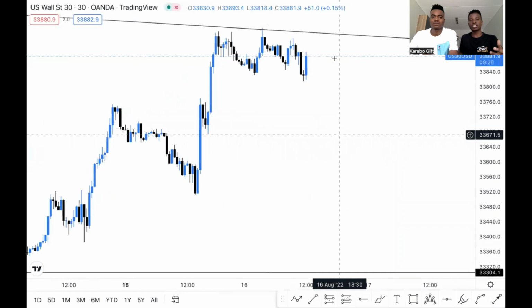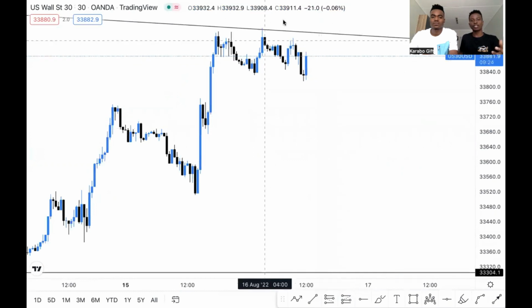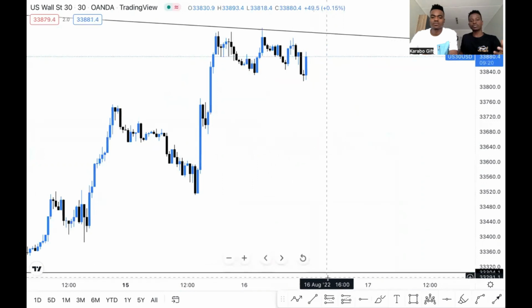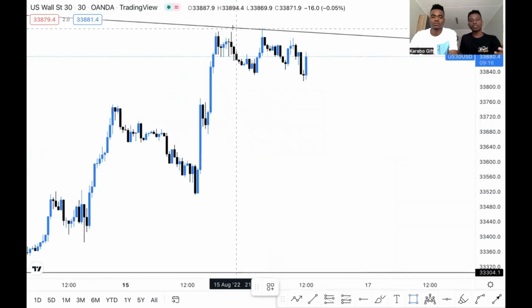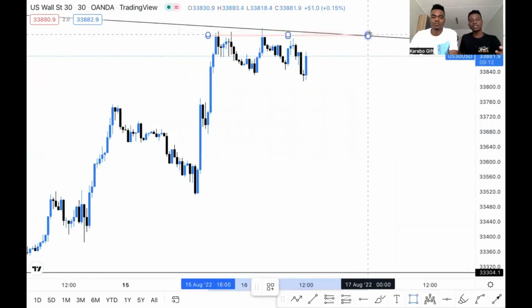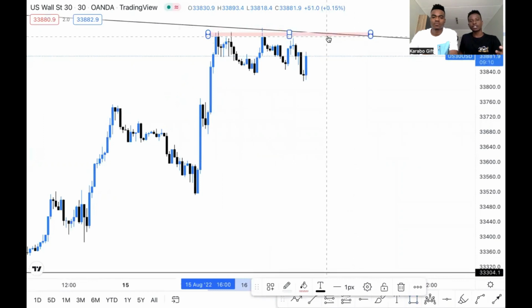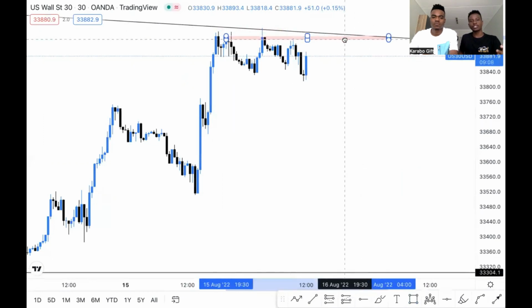So you tend to understand that the market will move. Okay, so I need to give you guys a direction. So the market will move from certain position whereby it's here. Okay, so I'm going to allocate this one as my reversal point here.